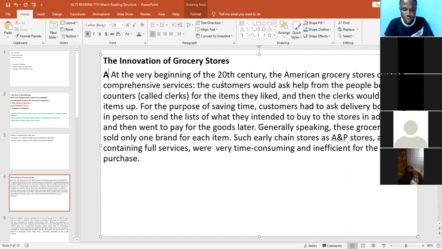Okay, you can see such early chain stores as A and P store, although containing full services, were very time consuming and inefficient.